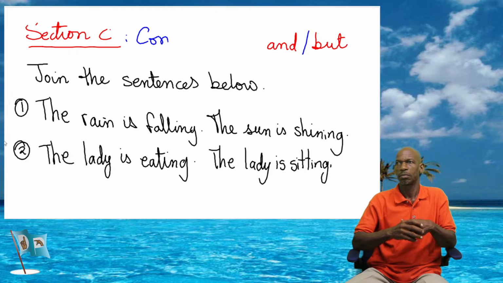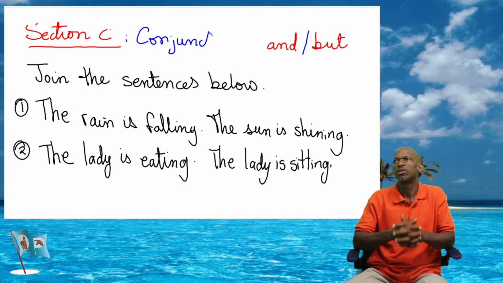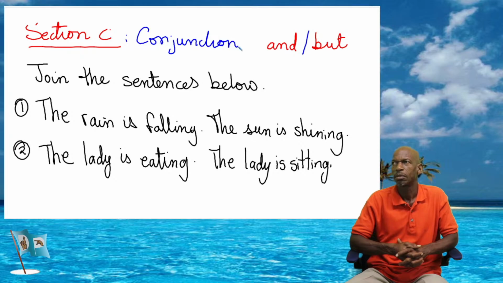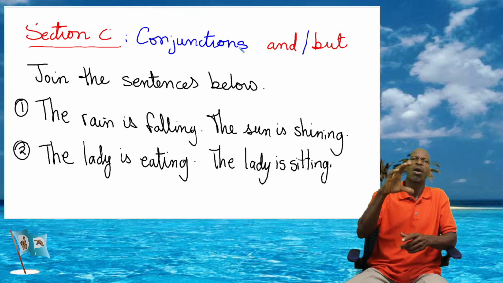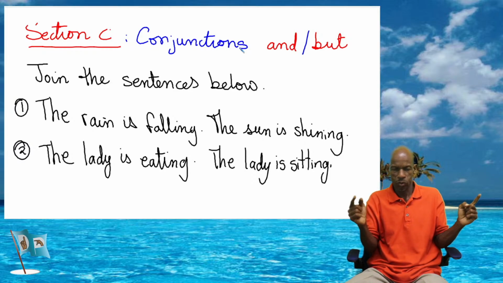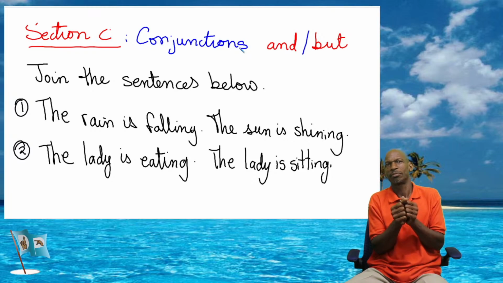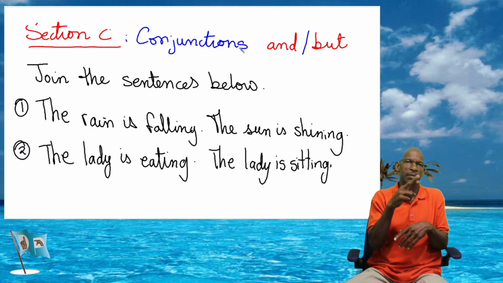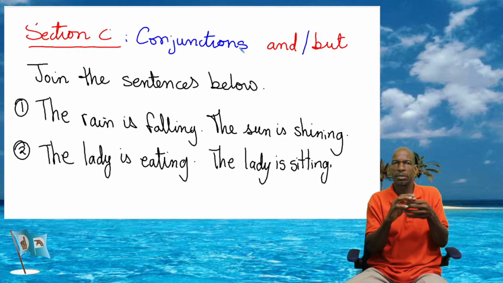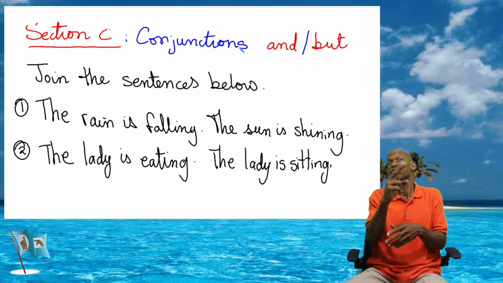Conjunctions are words used to join words, phrases, sentences together. The last thing we were doing was sentences. And we did two conjunctions: we did and, and we did but.